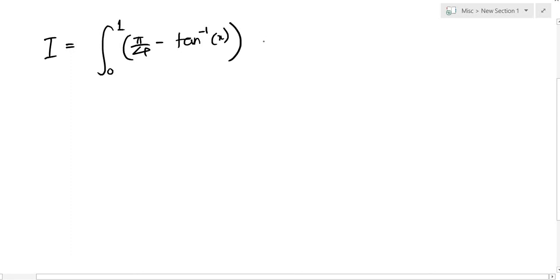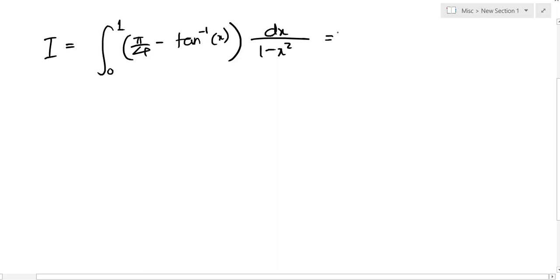So to conclude, whatever the drama we did in this video about integrals, we had originally a problem, the integral from 0 to 1 of pi over 4 minus the inverse tangent of x divided by 1 minus x squared, and we had a dx.